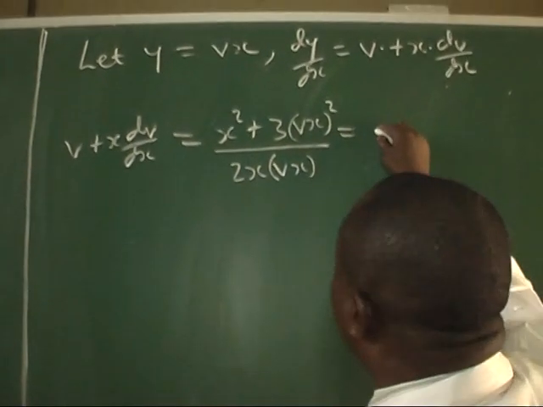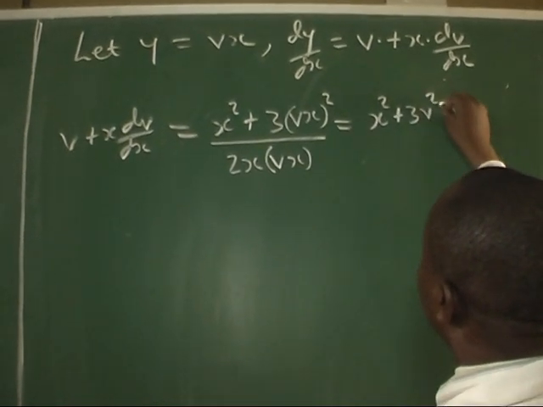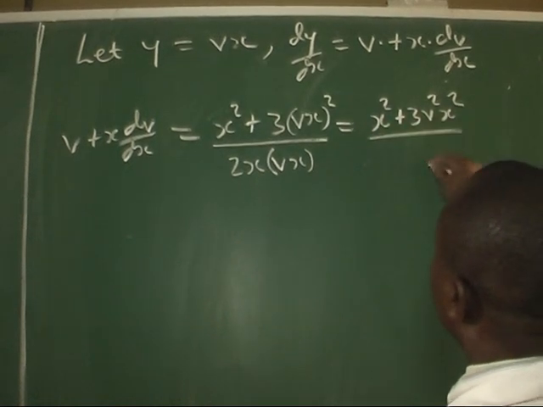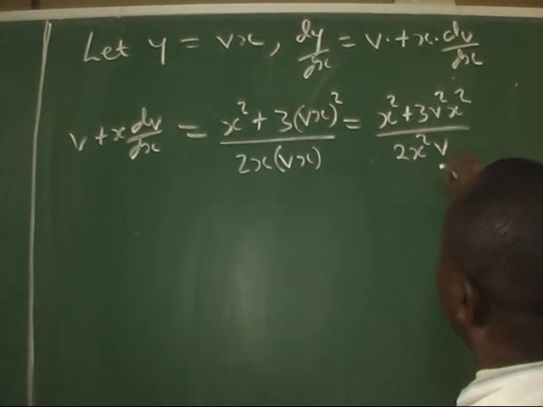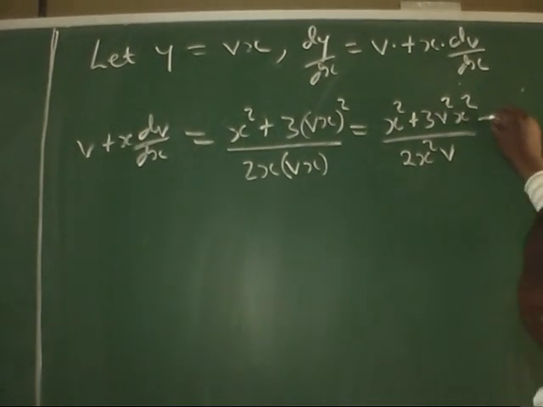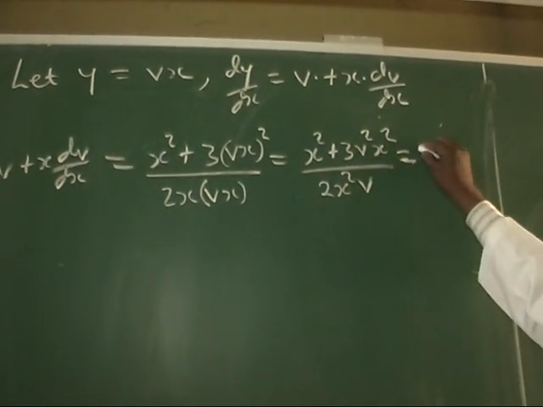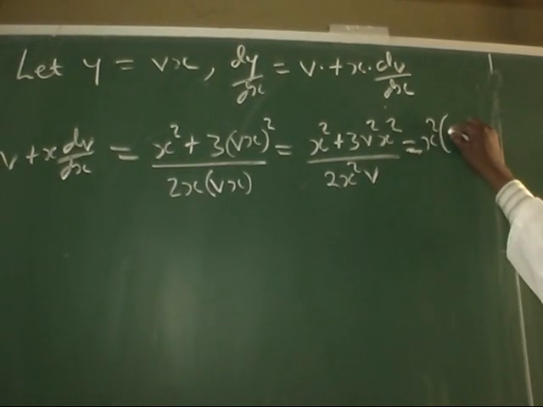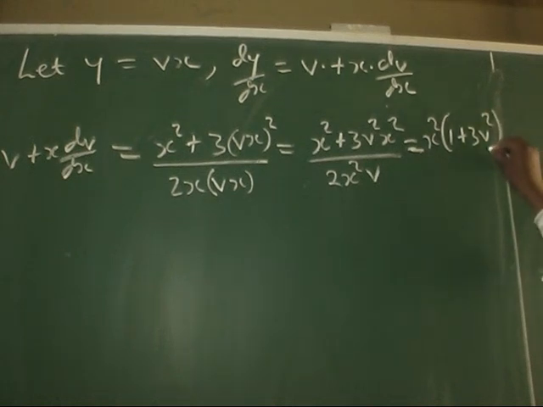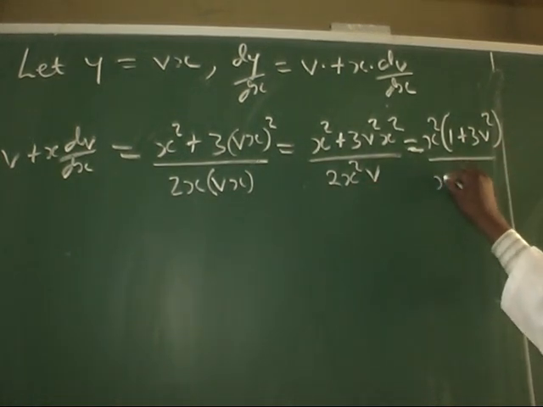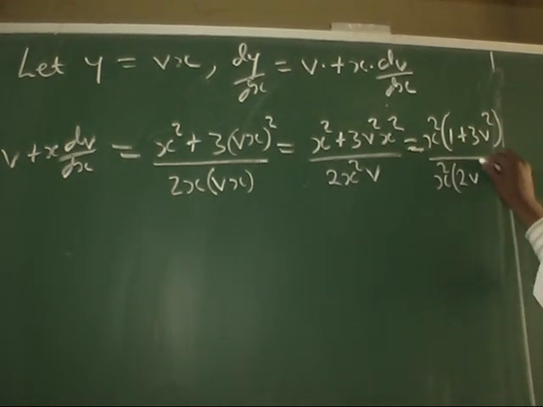So that we then have x squared plus 3v squared x squared all over 2x squared v, which is the same as, we can factor out x squared, then we have 1 plus 3v squared all over, the downside will be written as x squared, then we have 2v.